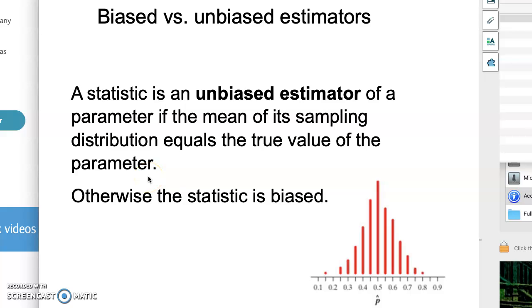In other words, we may not get the sample proportion to be exactly equal on each sample. Maybe sometimes it will, but other times it won't. But the mean of the distribution will equal the population parameter. If it doesn't, then we say the statistic is biased. What we're doing to try to estimate the population proportion is not doing the job. It's biased in some way.